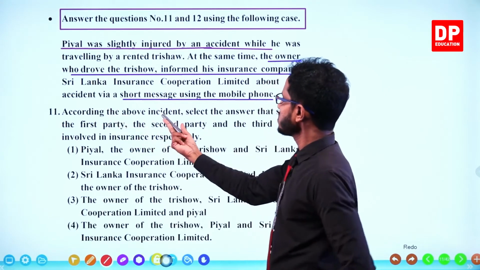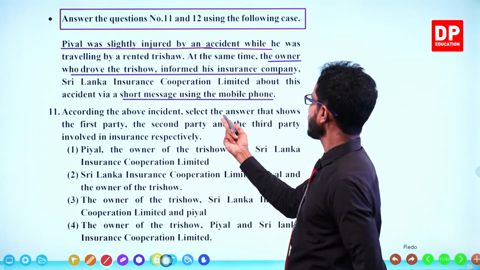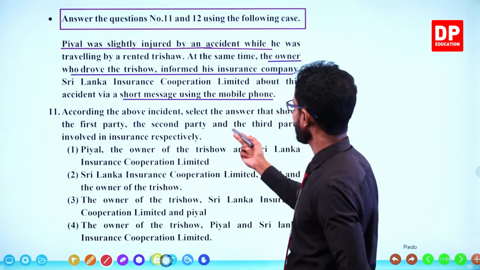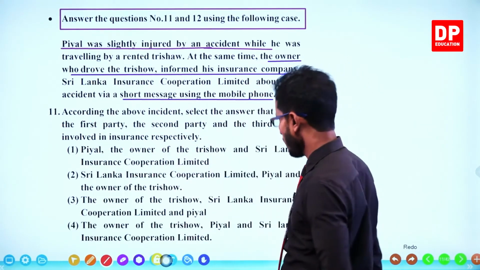According to the above incident, select the answer that shows the first party, second party, and third party involved in insurance respectively.